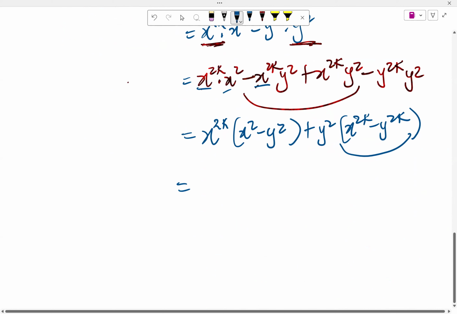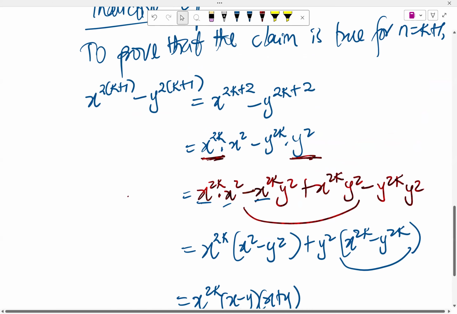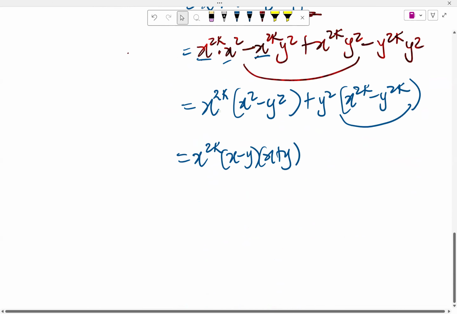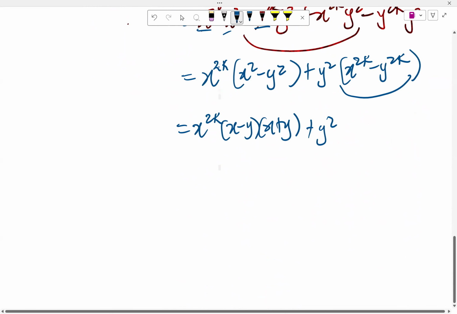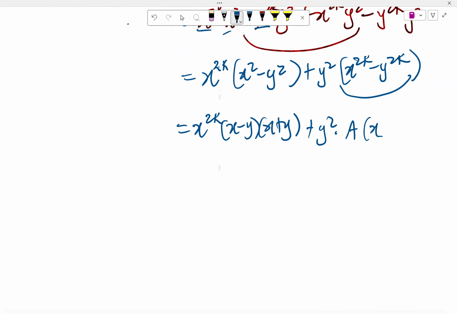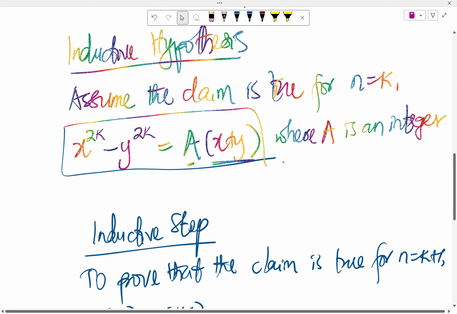So that means you can go and say this is x raised power 2k into, this is difference of 2 squares. So you have x minus y, x plus y, all right? X minus y, x plus y. Okay, so you have that plus y squared now. And of course, don't forget that this is the same thing as a into x plus y, right from our inductive hypothesis.